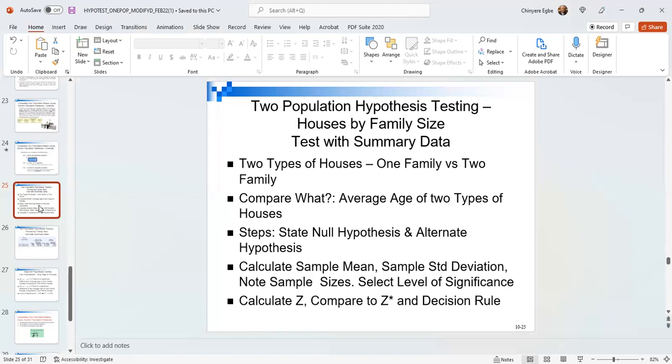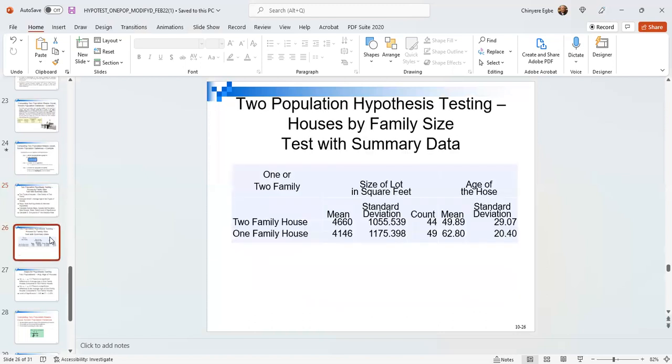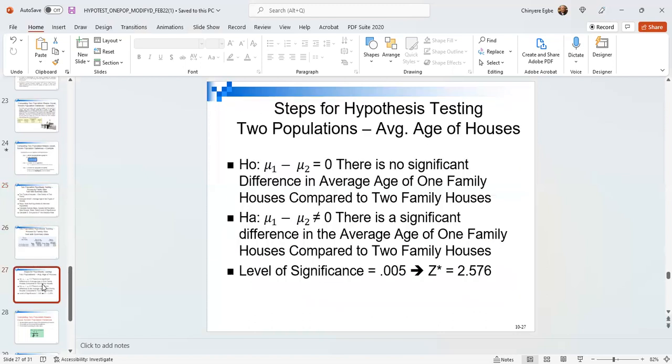Or vice versa. Maybe initially they were building more two family houses, fewer one family houses, and then over time they begin to build more one family houses and fewer two family houses. So there could be reasons why you have differences in the average age of houses.